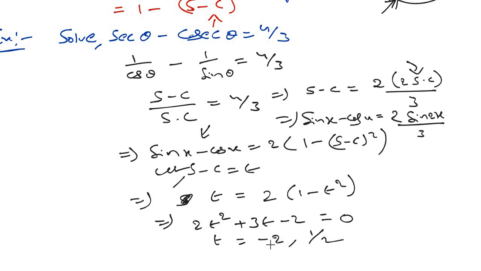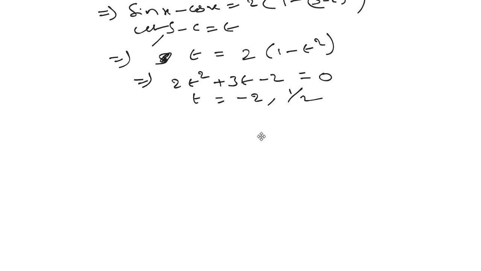But for negative 2, whether it is possible or not, let us substitute sin x minus cos x in place of t, then we can understand. So actually t is sin x minus cos x equals either negative 2 or 1 by 2.